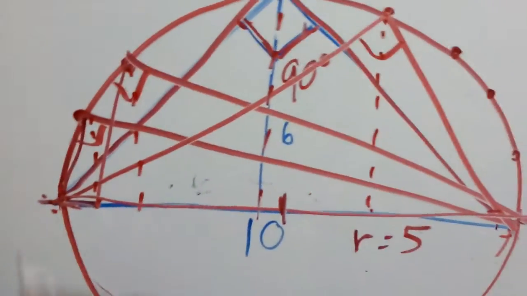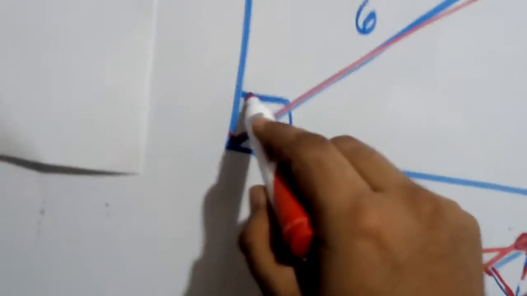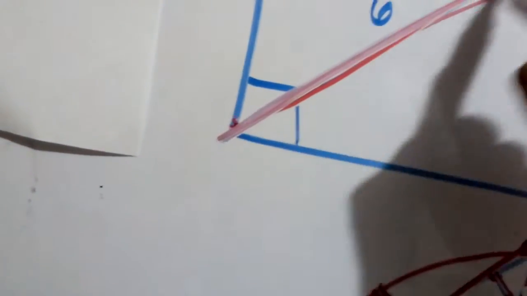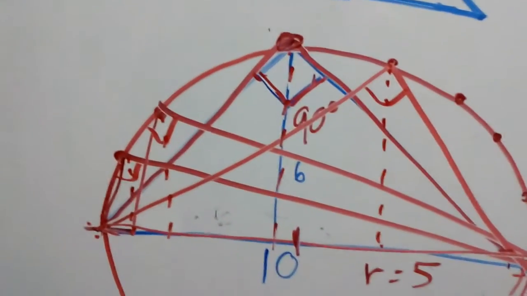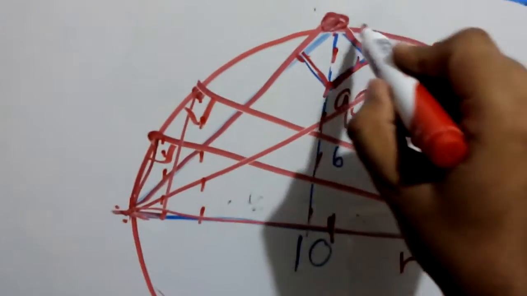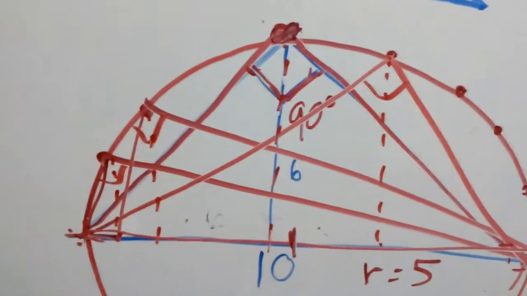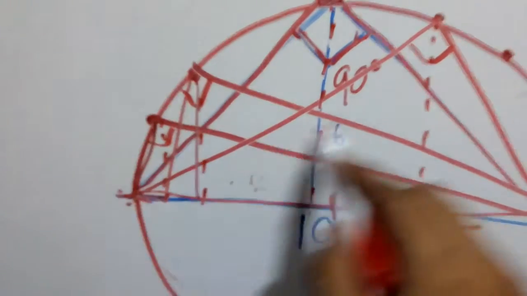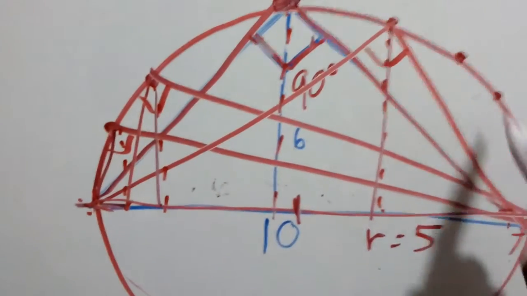Which one of all these triangles has this side as the bigger one? Of course, it is the one that is in the middle, because all the others are actually shorter.